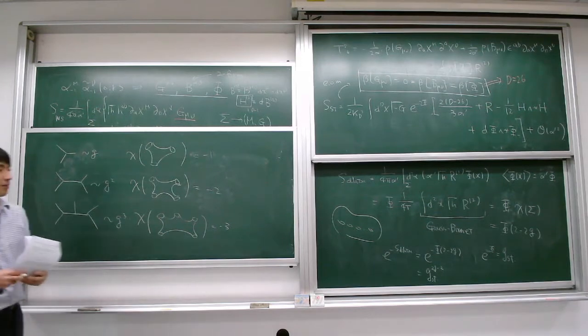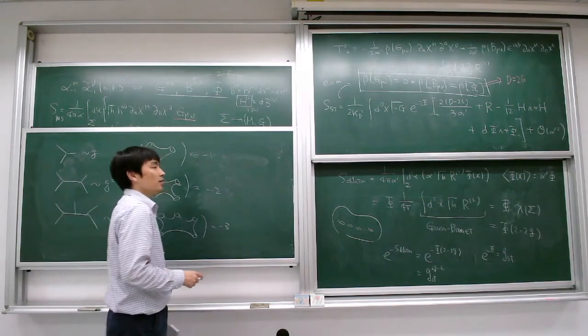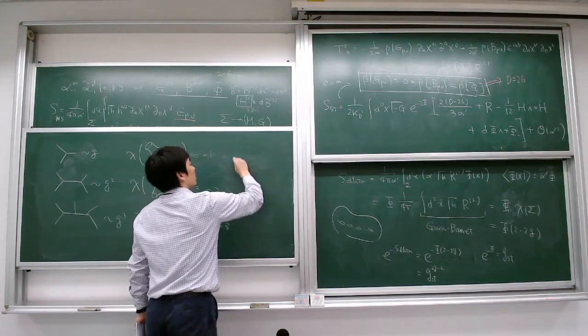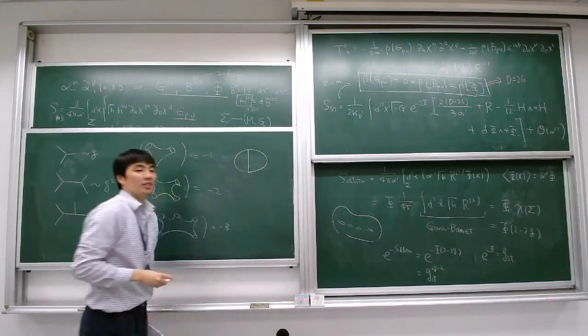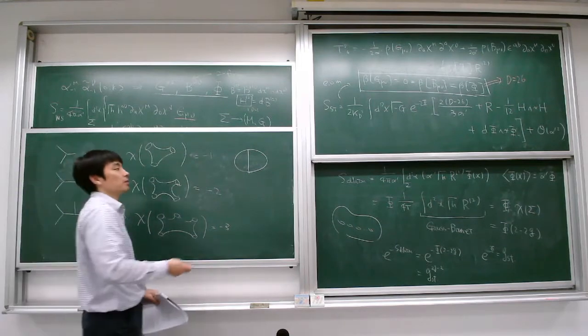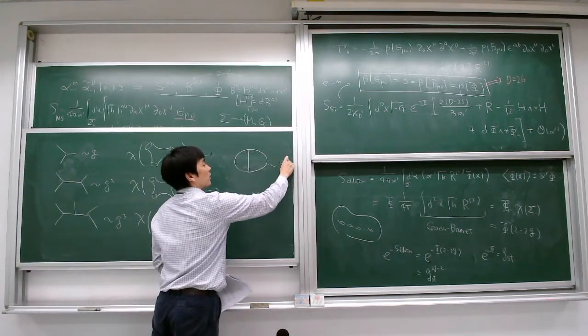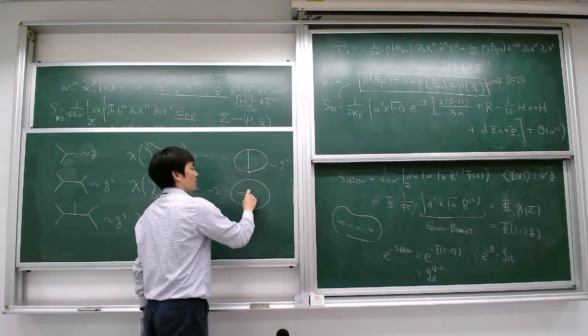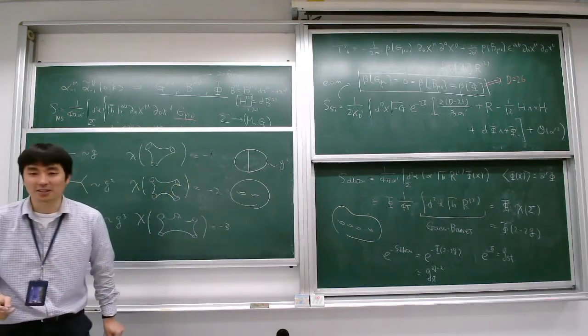So in particular, let's consider the following quantity. If you consider the bubble, it only contributes to the vacuum energy, but if you consider this kind of diagram, you have G squared, right? What is the Euler characteristic of the genus 2 Riemann surface?